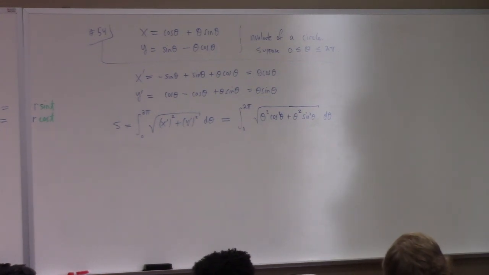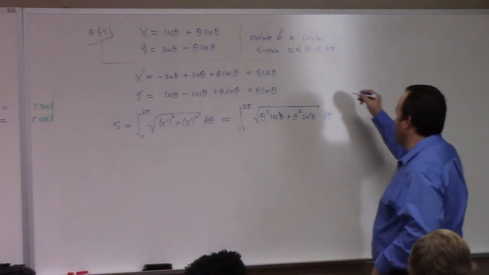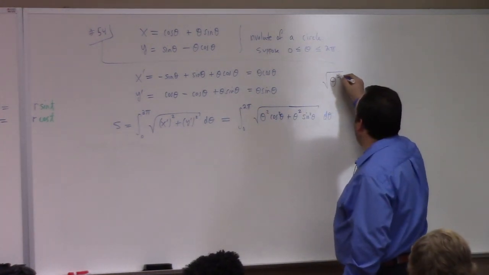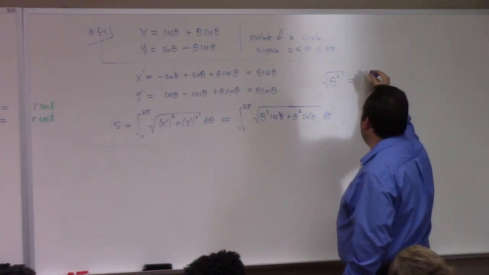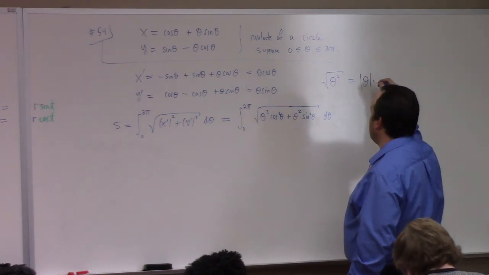Did you guys see how to finish? Factor out the theta squared, right? And what can we say about the square root of theta squared? Generally, it's the absolute value of theta, right?